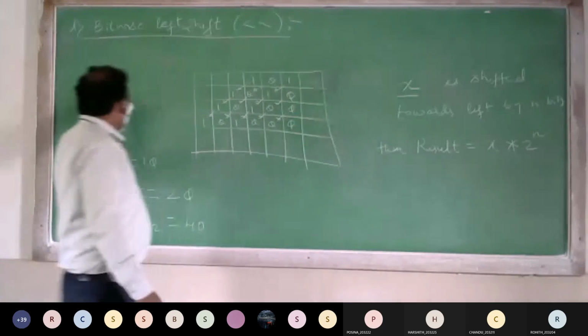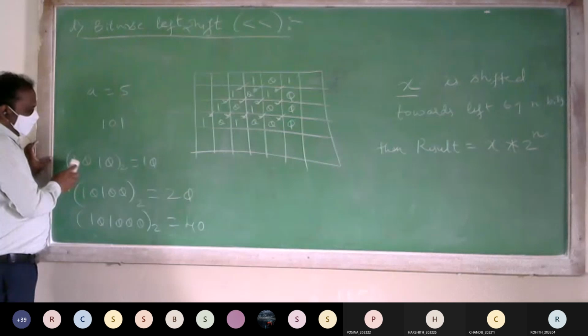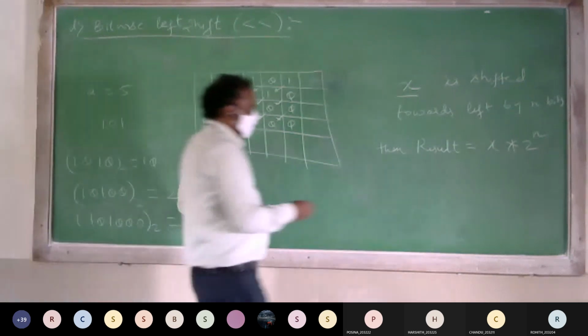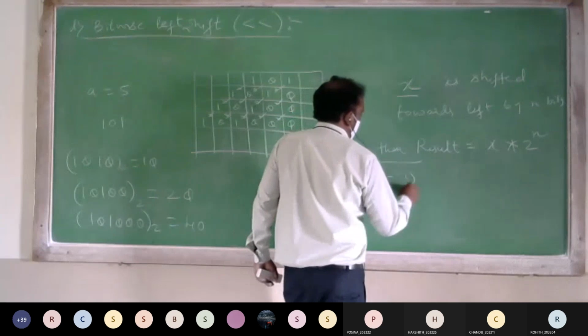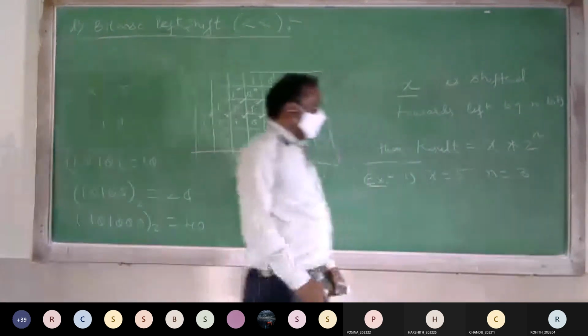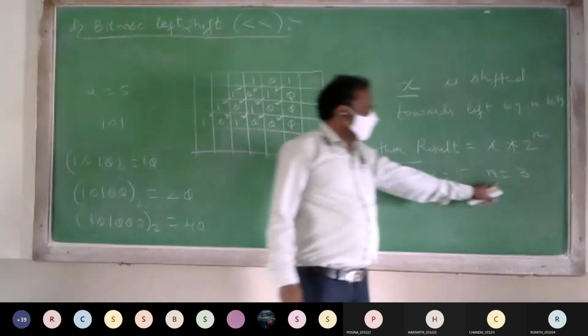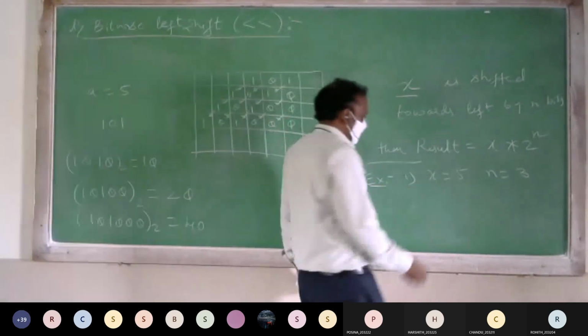Like for example, here I will consider x as 5. Here, for example, x is equal to 5, n is equal to 3. You are shifting towards left 3 times.